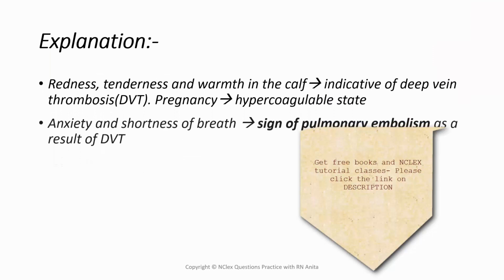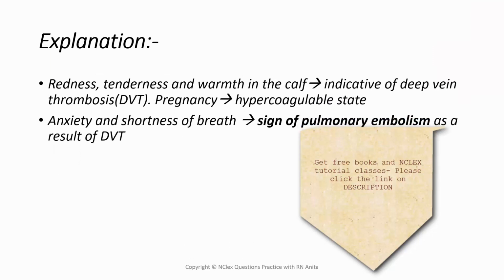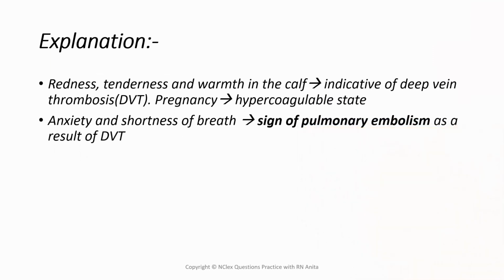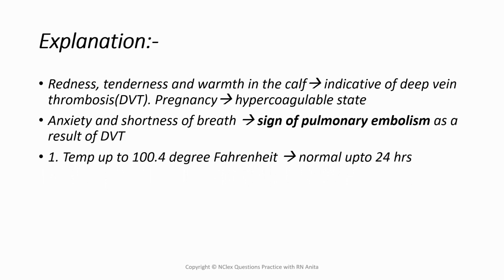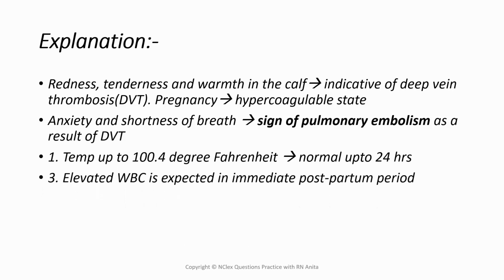Increase in body temperature within 24 hours postpartum is normal, but it should be below 100.4 degrees Fahrenheit. So it's normal for the first 24 hours. And option 3 talks about elevated WBC. Elevation in WBC is also an expected finding within the first 24 hours. So this is also a normal finding.